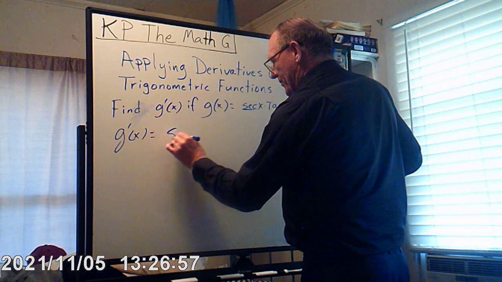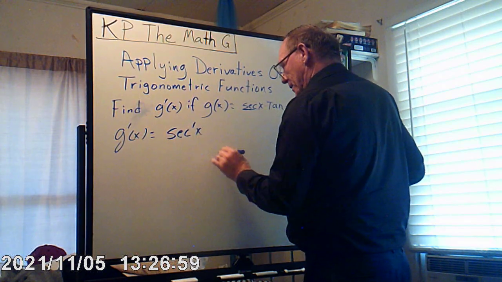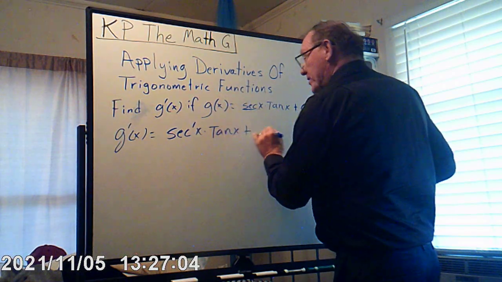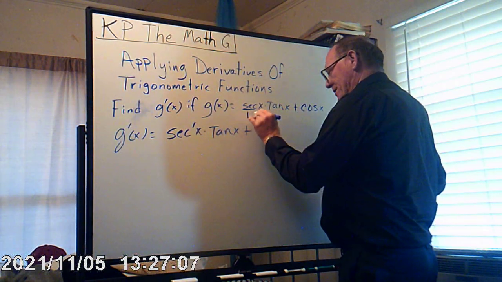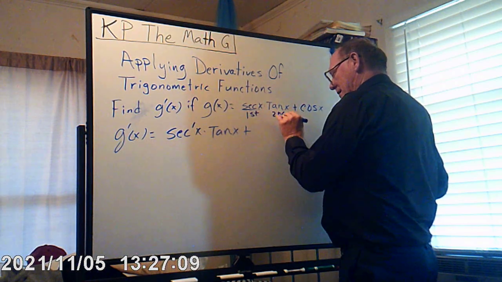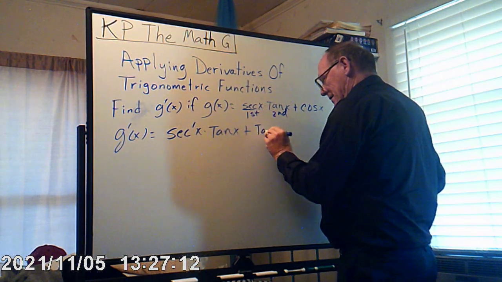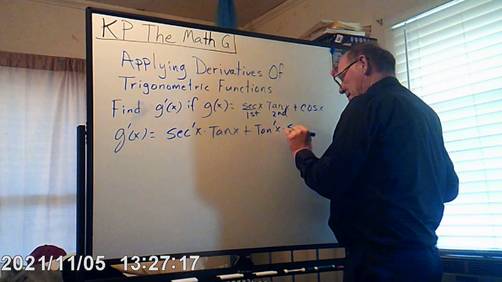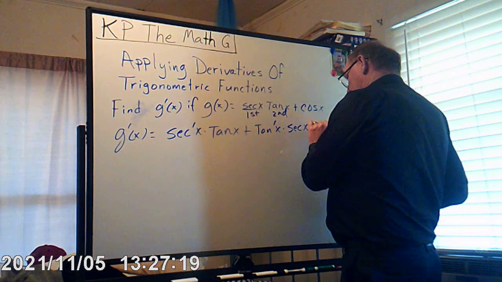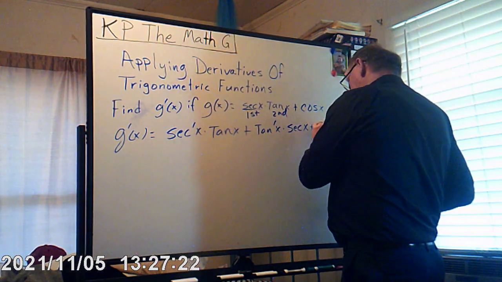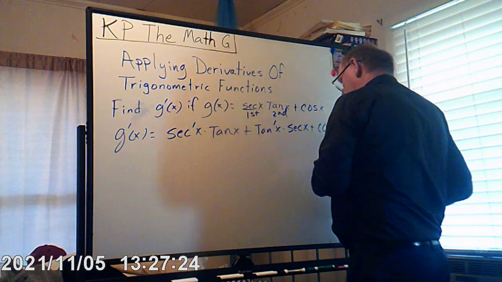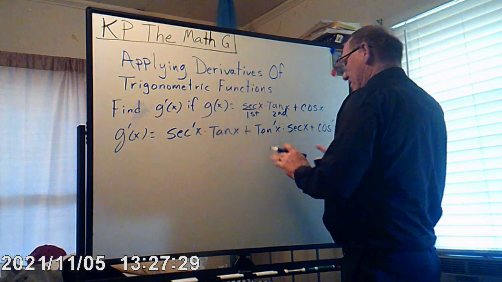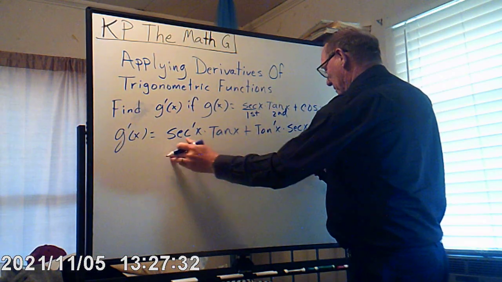The derivative of the first, times the second, plus the derivative of the second, times the first, and then plus whatever the derivative of cosine is. So we've got to deal with that also. That's by itself. Okay, this is the product rule here.